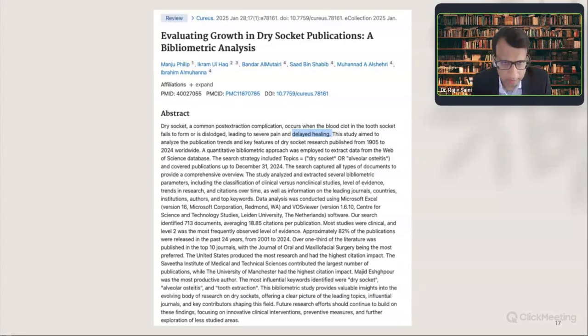Another factor that really comes into the picture in dry socket is delayed healing. And there are a lot of factors involved in delayed healing. One of the key factors is chemical-based oral care products, alcohol-based oral care products, because these products create irritation, a burning sensation, and disturb the oral microbial flora.